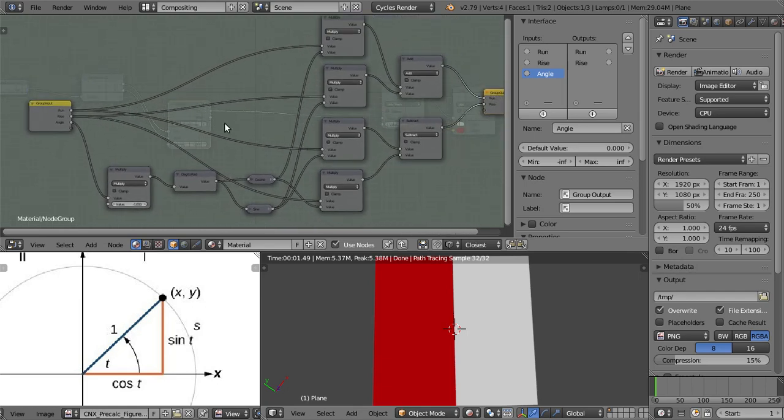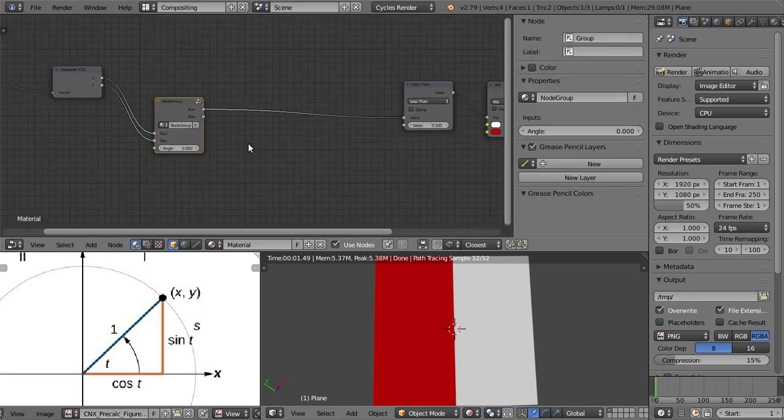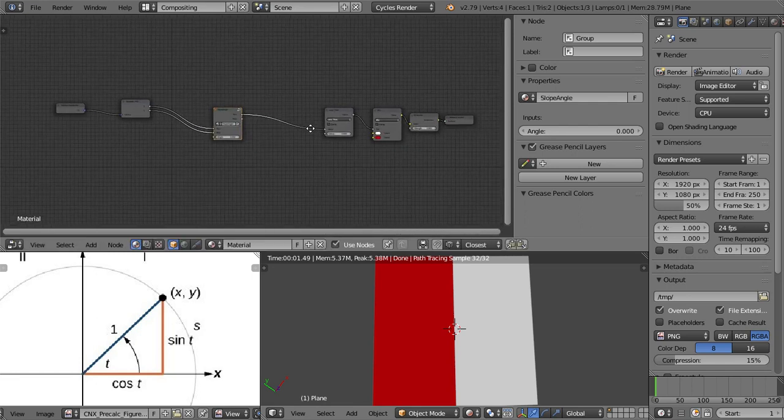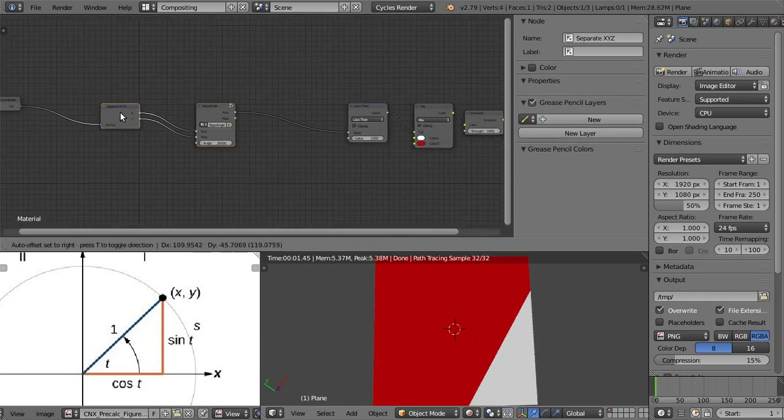And I think that is it, I guess. So, let's exit out of this. I'm going to rename this node group slope angle, I guess. There, slope angle is the node group. So now if we control the slope, we have an angle like so. Alright.